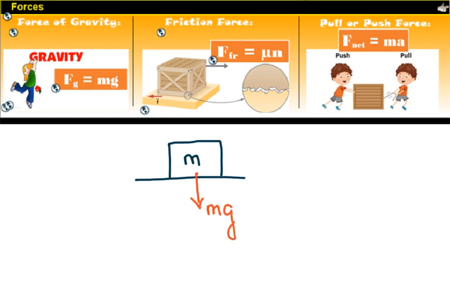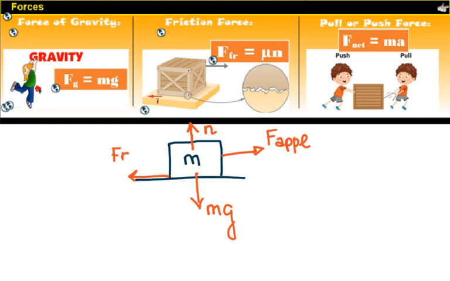And for every action, there is an equal and opposite reaction. So if the box is pushing on the ground, the ground is going to push back at this mass with the same force, the normal force. And if I am pulling the box this way, there is applied force, and maybe there is a friction force.